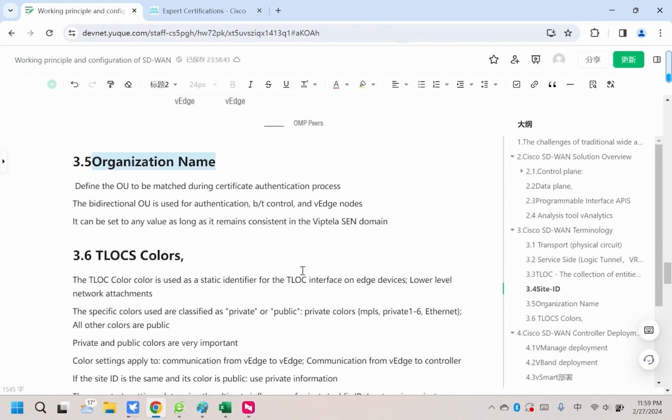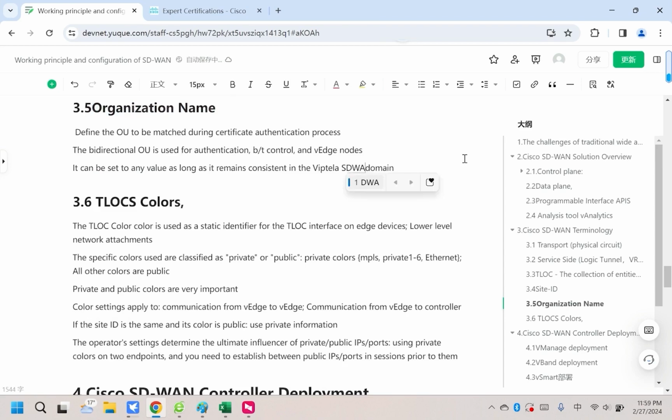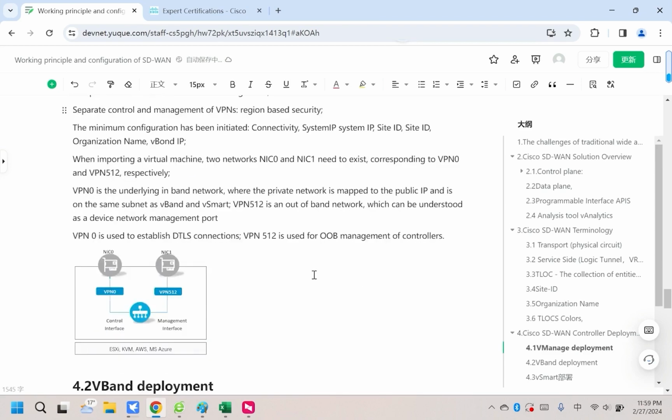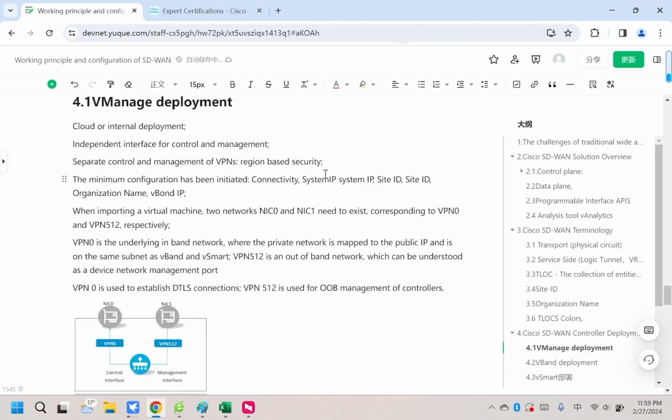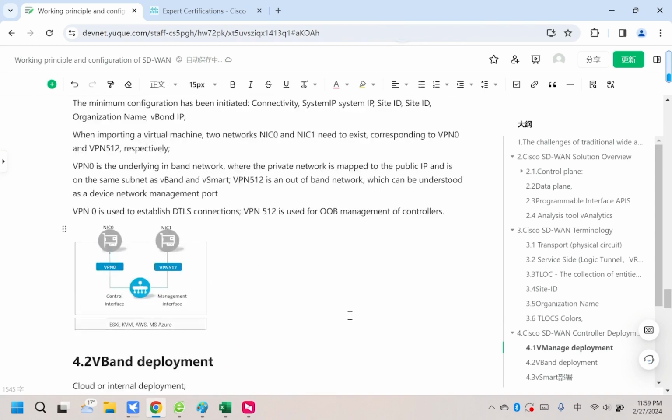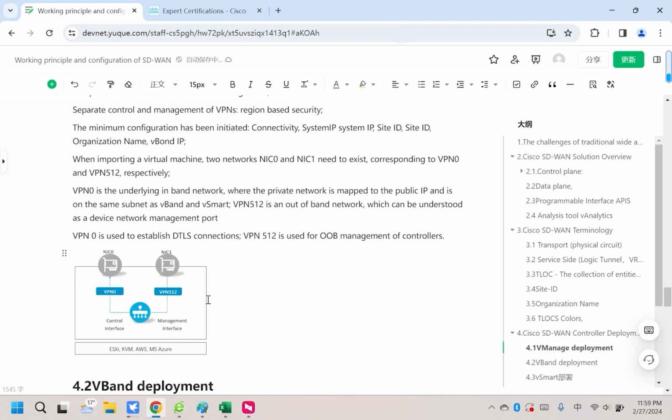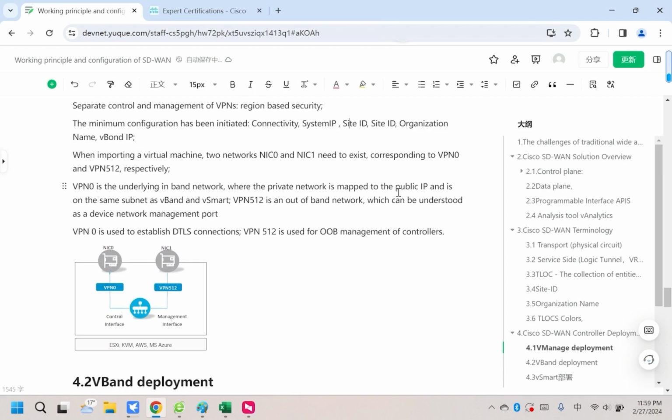Deployment of vmanage, besides the interfaces we focus on. We also mentioned some basic information related to the deployment, such as the system IP and the site ID. These are things we need to plan in advance when deploying vmanage, including the IP of vbond and similar information, as well as understanding the site ID and organization name.